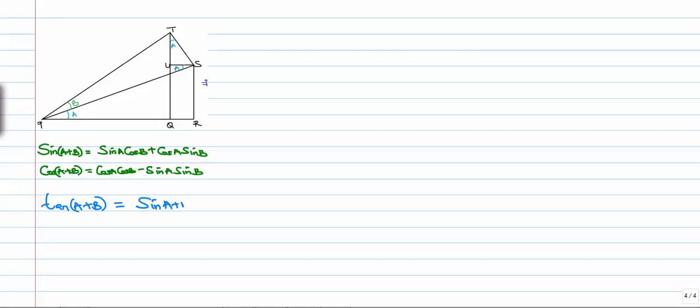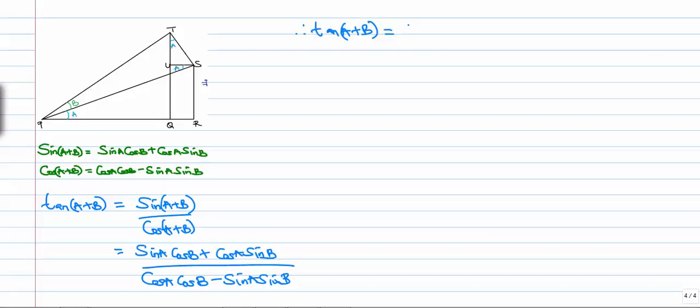So we can now obtain for tan A plus B. Remember that tan A plus B can also be the same as sin A plus B over cos A plus B. So when you replace for sin A plus B and cos A plus B, you'll obtain the compound angle for tan A plus B. So as we divide through every part of that particular expression by cos A cos B, I'll explain ahead when you start doing examples why we do that, and it is also very normal in algebra.